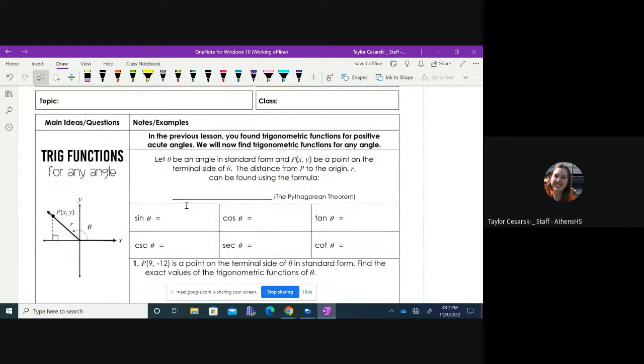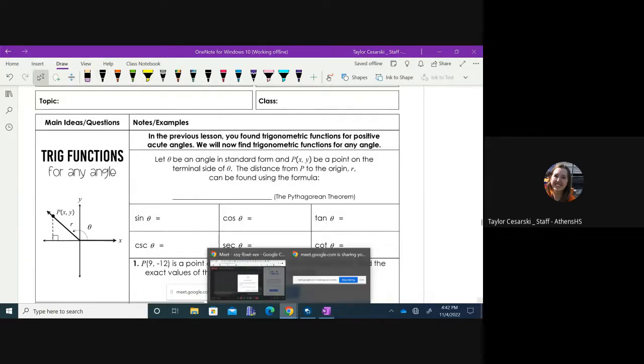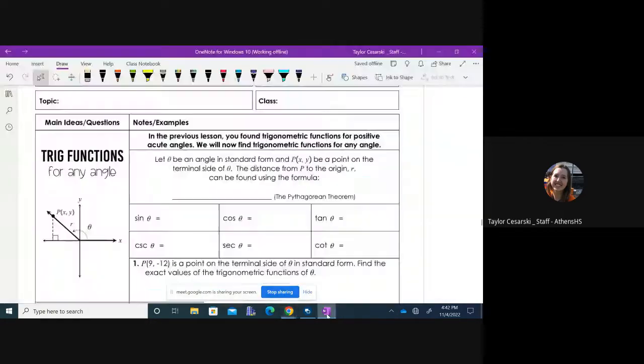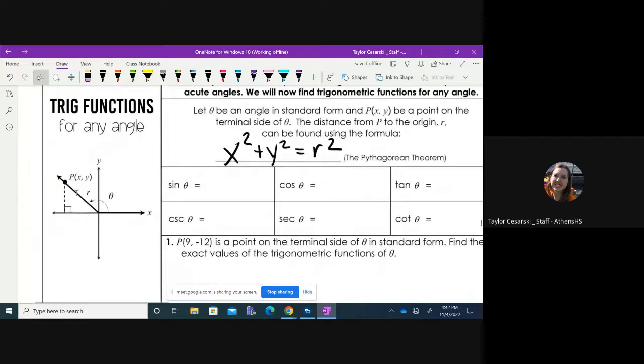Now, if we have a circle here, remember we have the formula for a circle, x squared plus y squared equals r squared, and that's if it's at the origin. Okay. So in this case, you can see this triangle here that we have: r is the hypotenuse, x is the horizontal length, and y is the vertical.